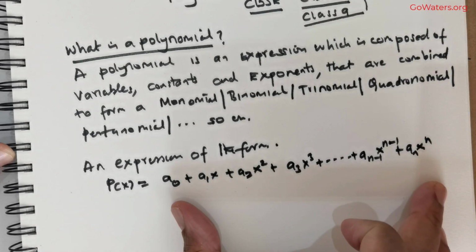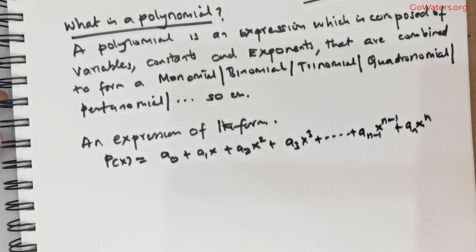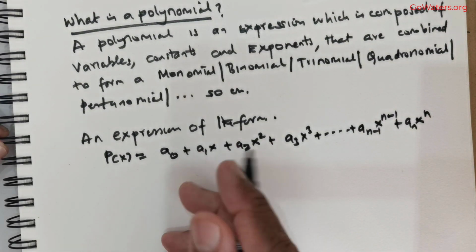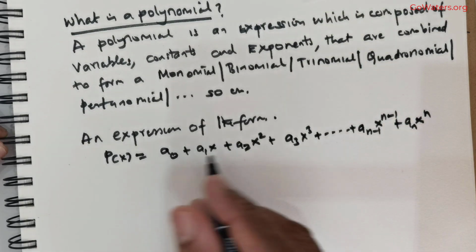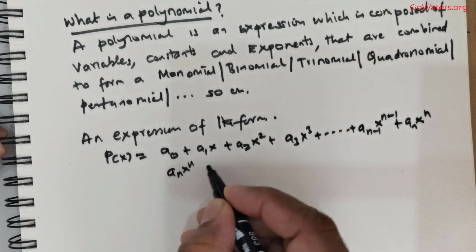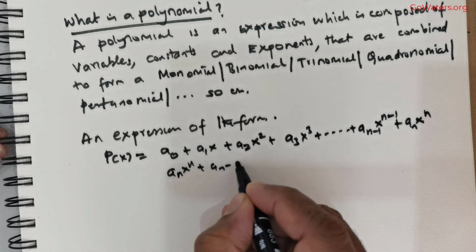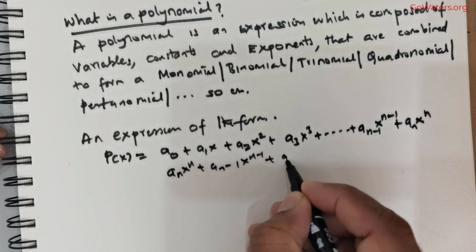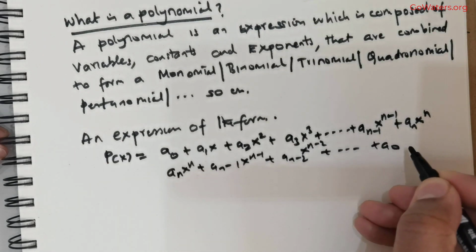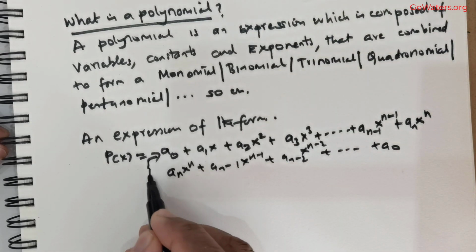So this would be the mathematical representation of a polynomial. It can also be written starting from this side, an x to the power n. It can also be in this fashion, an x to the power of n plus a(n minus 1) x to the power of n minus 1 plus a(n minus 2) x to the power of n minus 2 plus etc. plus a0. So either this or this.